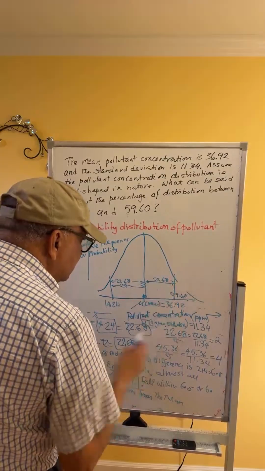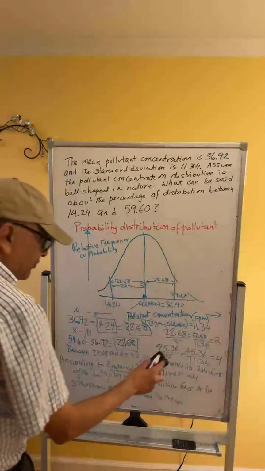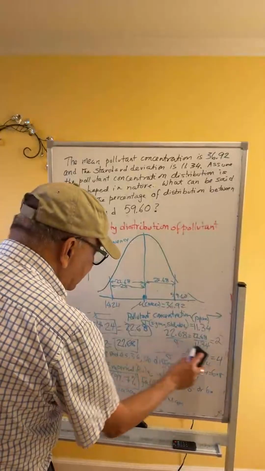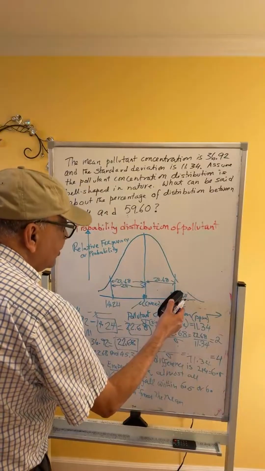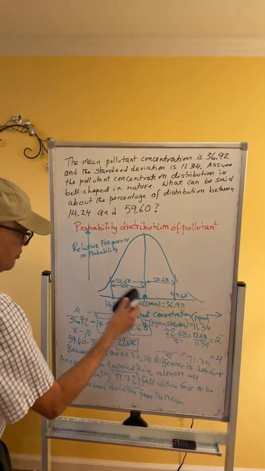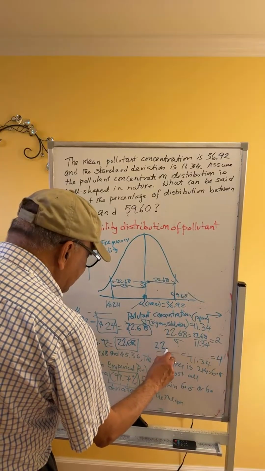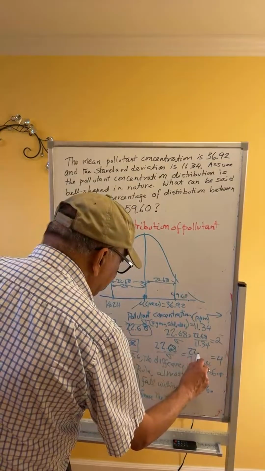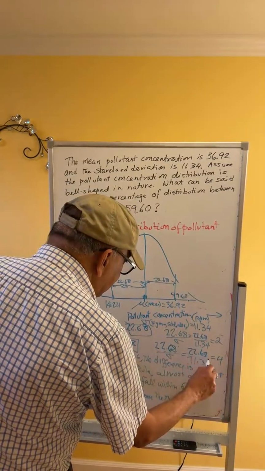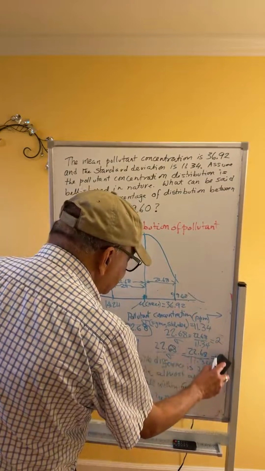You take 22.68 again and divide it by sigma, which is 11.34. 22.68 is the difference from 59.60 to the mean. 22.68 divided by 11.34 is also 2.